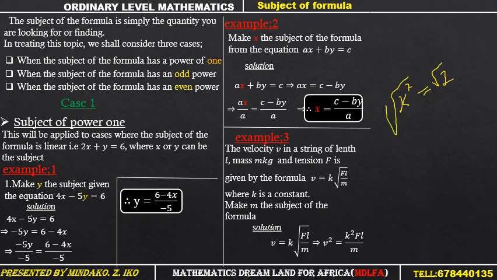You notice that when you take the square root of a squared number or term, the square root sign will cancel with the square sign, and that thing will be left alone. So here it implies that x will be equal to plus or minus the square root of 2.